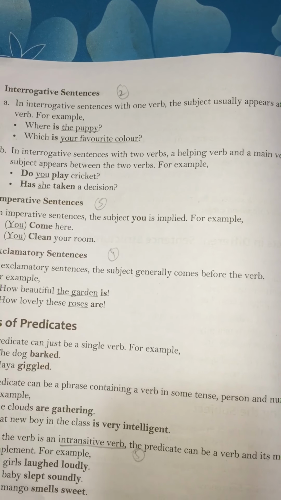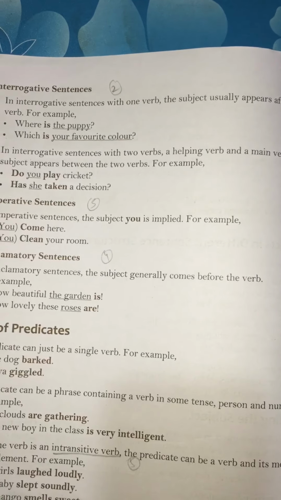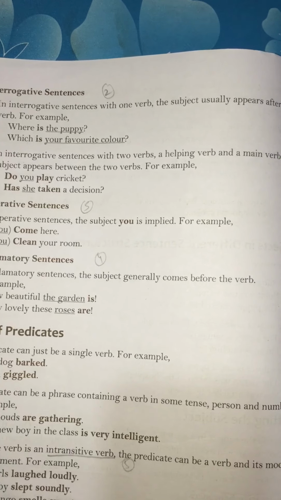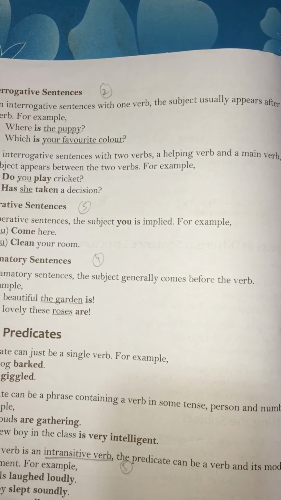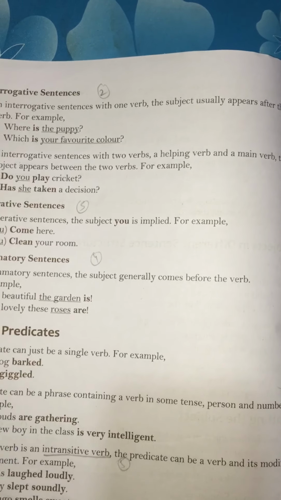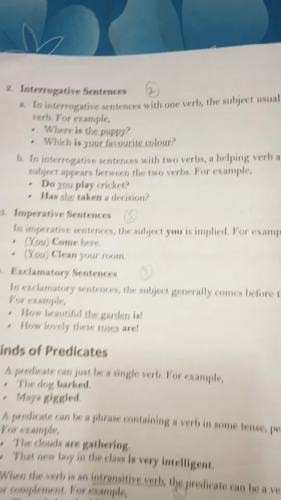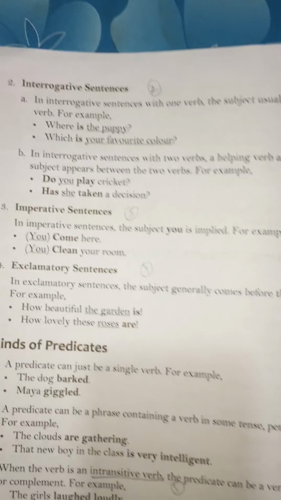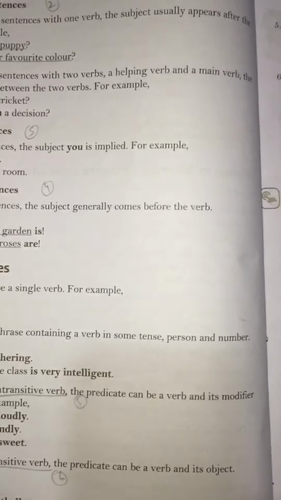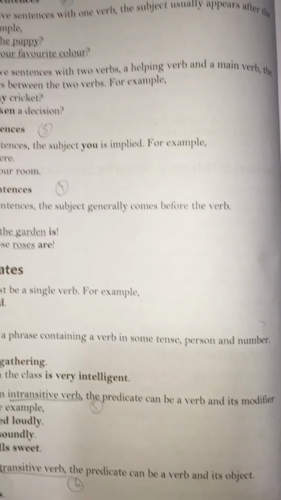Right. Now come to imperative sentences. In imperative sentences, the subject you is implied. For example, you come here. Clean your room. So children, the sentence which is used to convey a command or a request is called an imperative sentence.